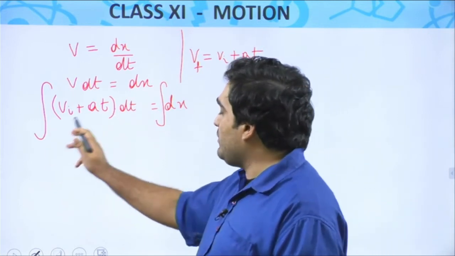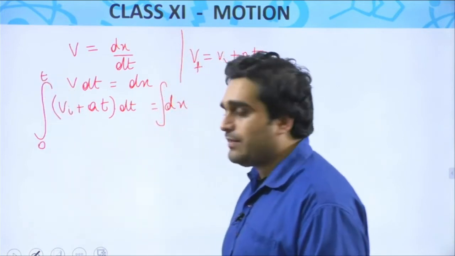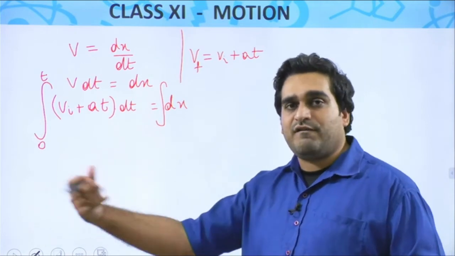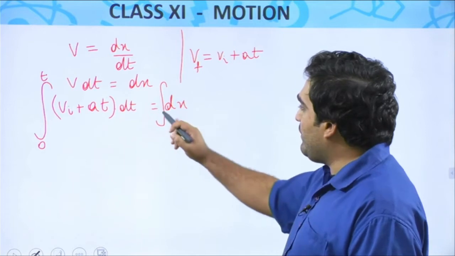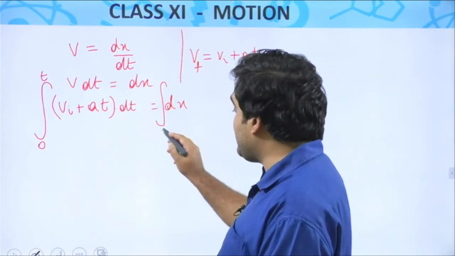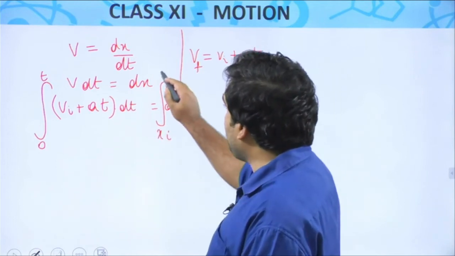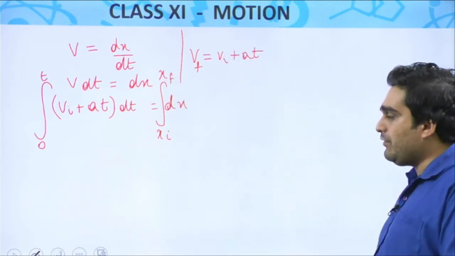First, integrating with respect to t under the limit 0 to t. So it starts from 0 and as time progresses, finally it ends at time t. Similarly, you have dx, let's say initial position we'll write as xi, and final position is xf.